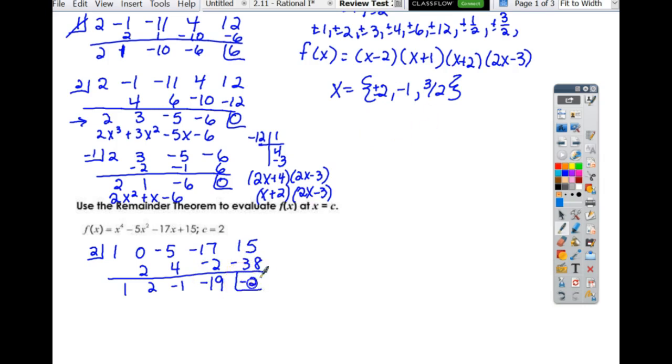So I get a remainder of negative 23, and we write that f of 2 equals negative 23. And if you don't write this, you get it wrong.